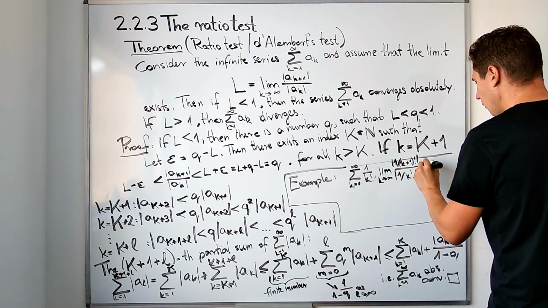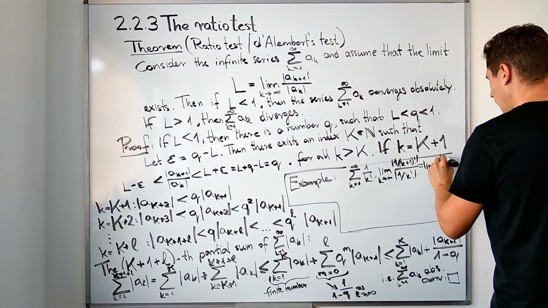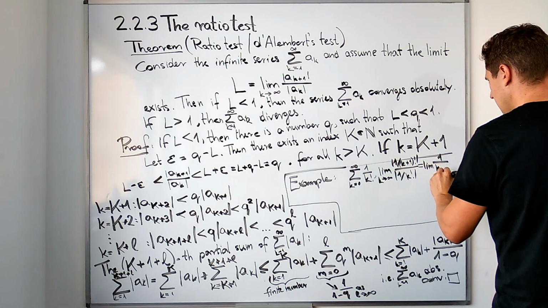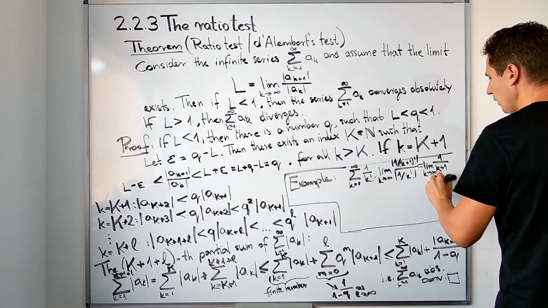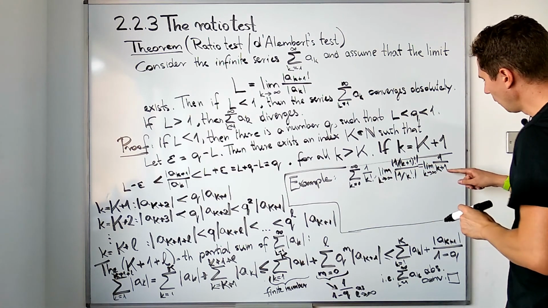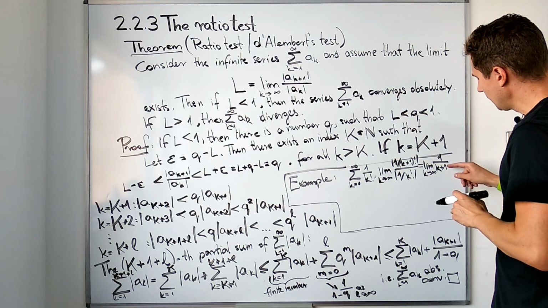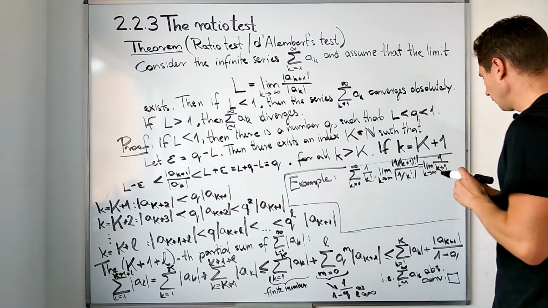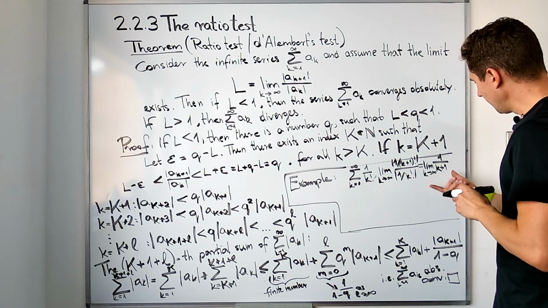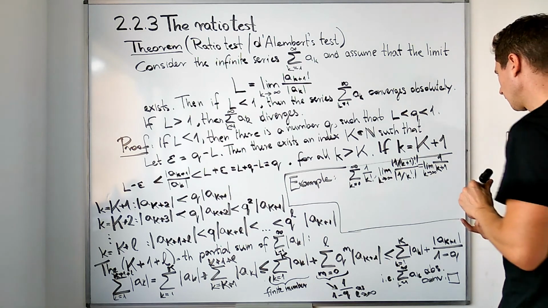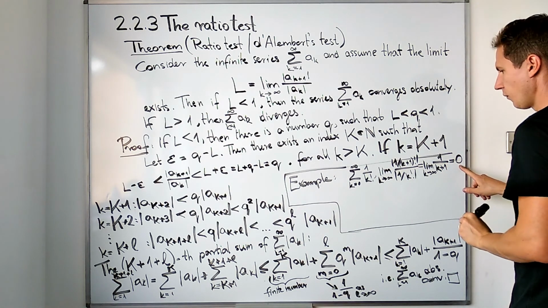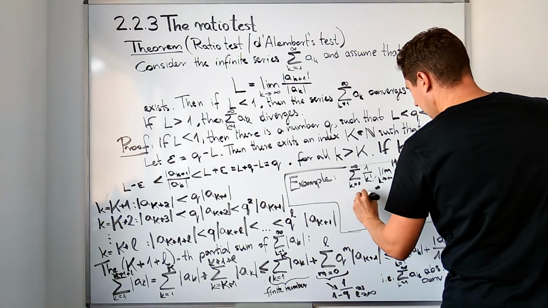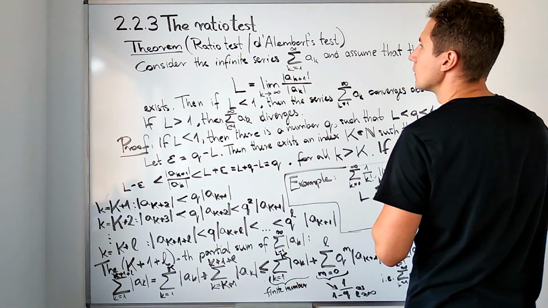And this ratio is, of course, 1 over k plus 1. If we simplify these factorials, only the k plus 1 factor will remain. And if we take the limit of this sequence, we get 0 for L.